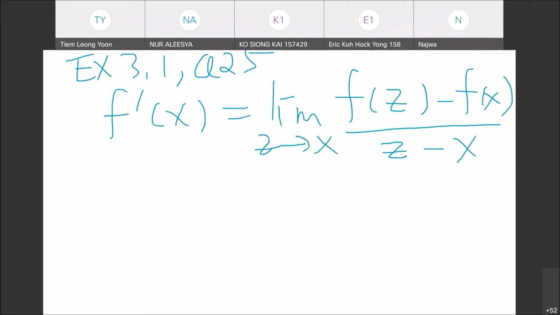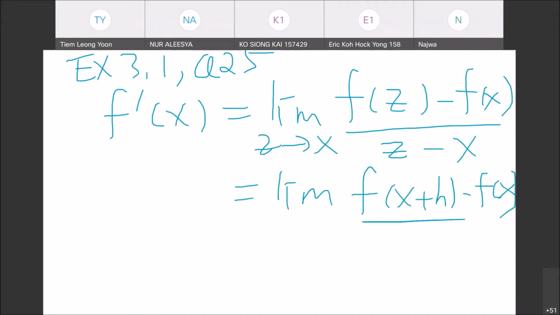This is equivalent to the other way of writing it: f of x plus h minus f of x, divided by h, and then you let h go to 0. So these two are equivalent forms of writing the derivative.